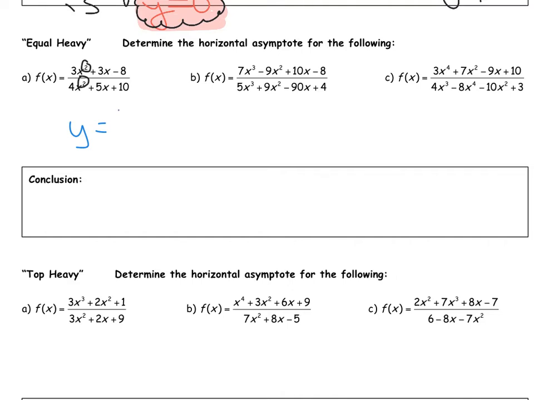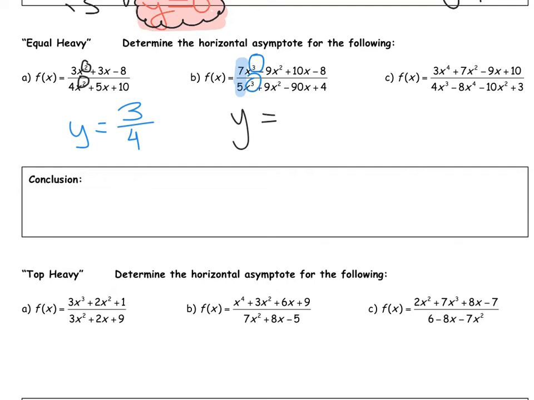So my horizontal asymptote here will be 3 over 4. In our next example, again, I have a 3 in the numerator for my highest degree exponent, and in the denominator I also have a 3. Since our degrees match, this is equal heavy, so I'm going to take the ratio of the leading coefficients, which would be 7 over 5. So that's my horizontal asymptote.